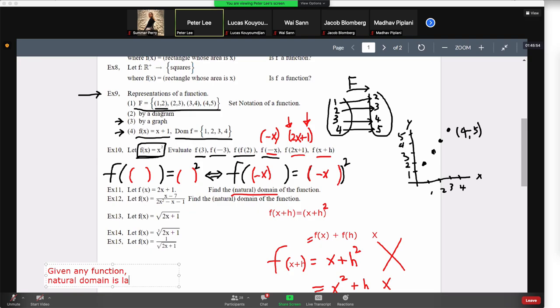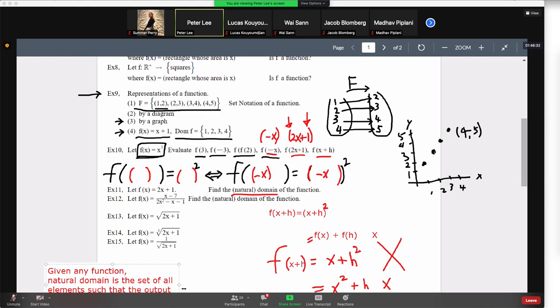How about this? Domain is the set of all elements or numbers, basically all numbers in the domain, a set of all elements such that the output is a real number.